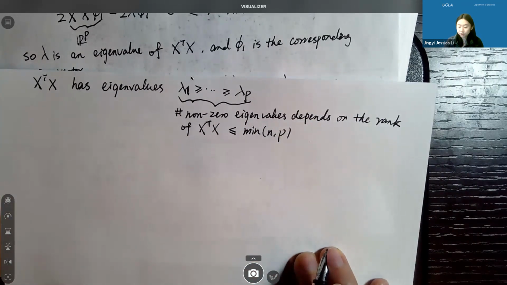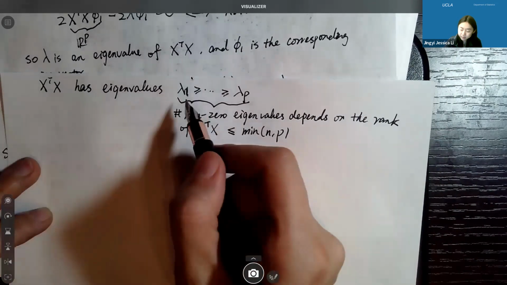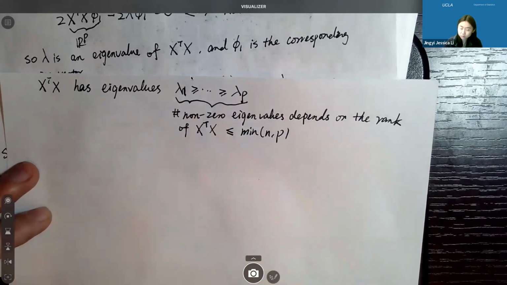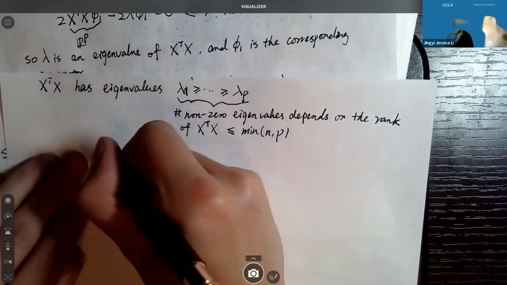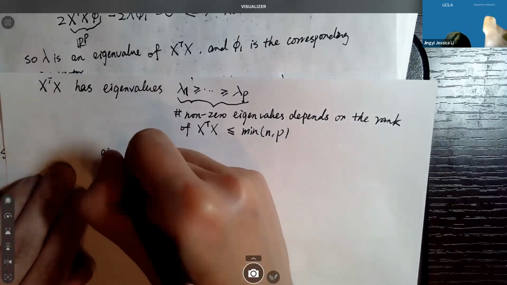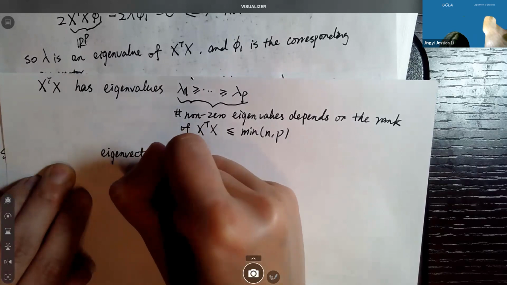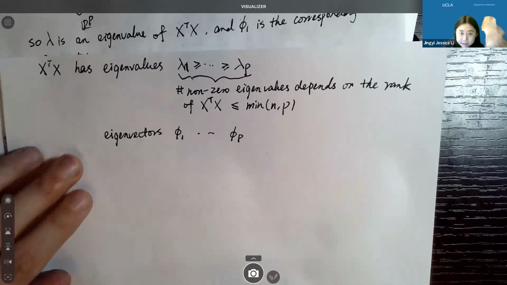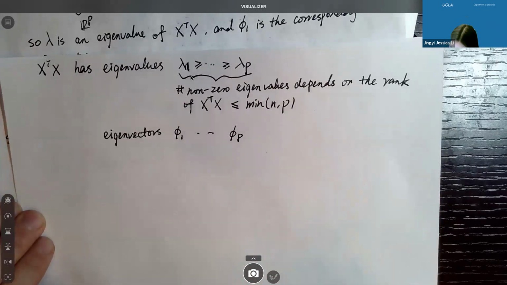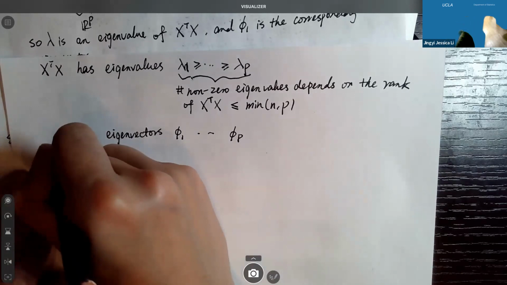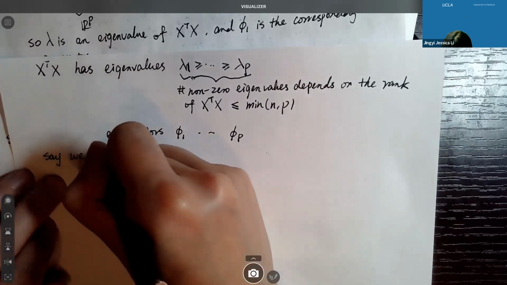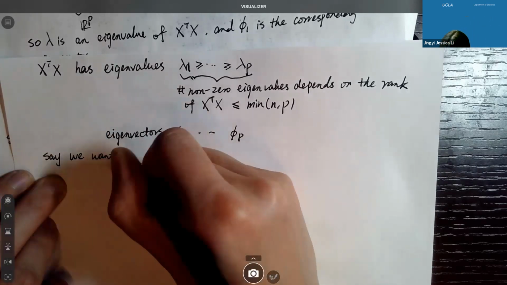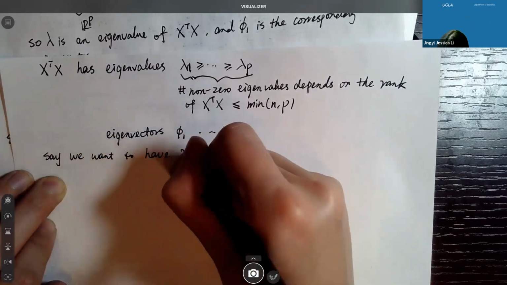Okay, so when you decide how many PCs you want to keep, it depends on how far down the eigenvalues you want to go. I write the corresponding eigenvectors as phi 1 to phi p. Let's say we want R new dimensions.